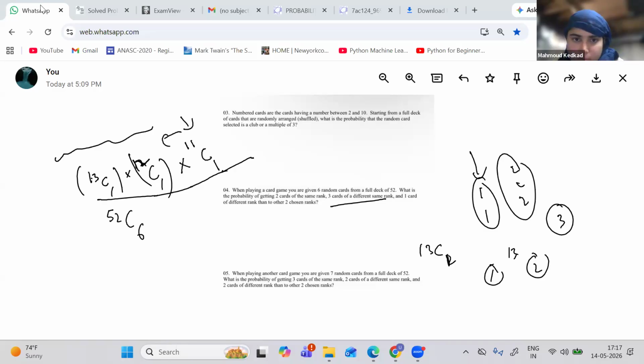Plain paper. Okay, let me write this down. So you have two cards with the same rank. I think you do 13 and then 12. So the first one would be 13C1, 12C1. And then since you're choosing from a different rank, you'd start again with 13.